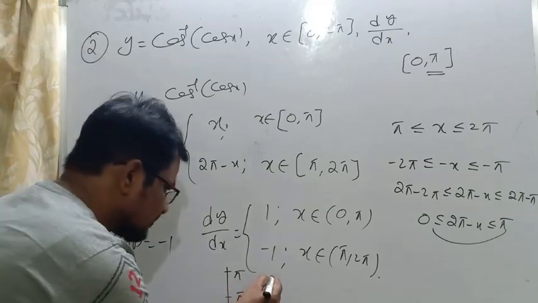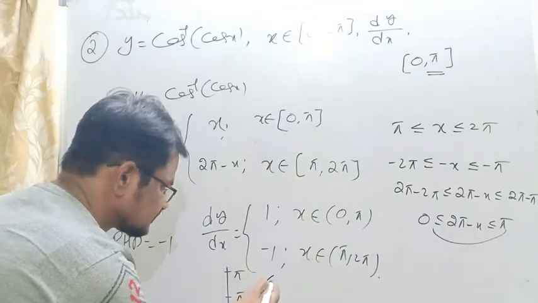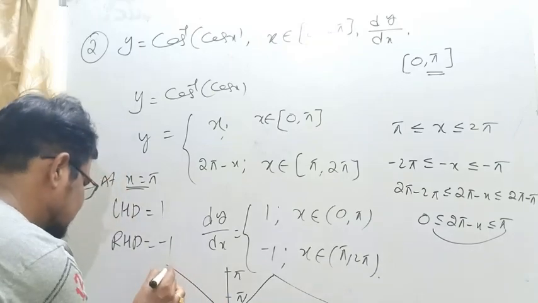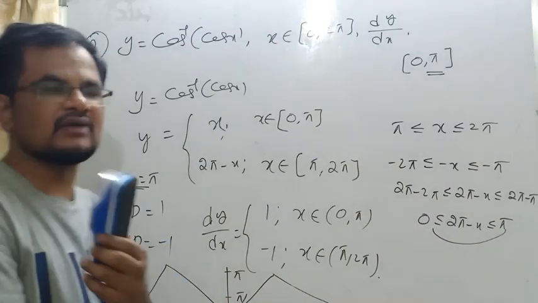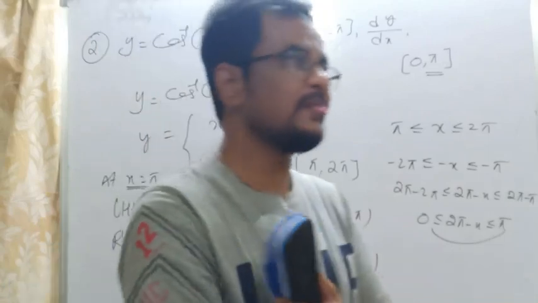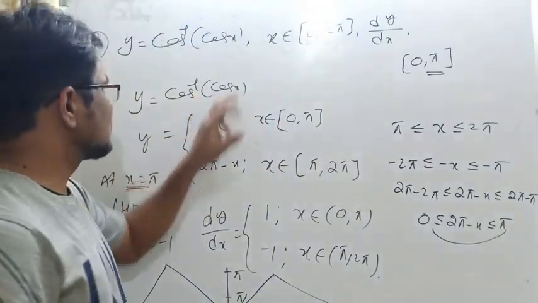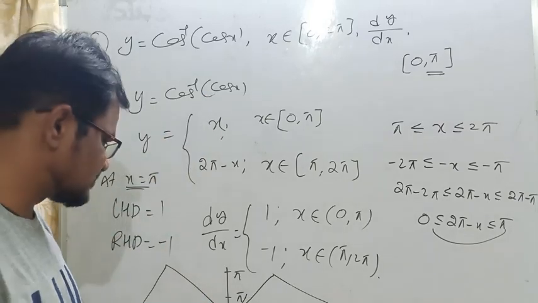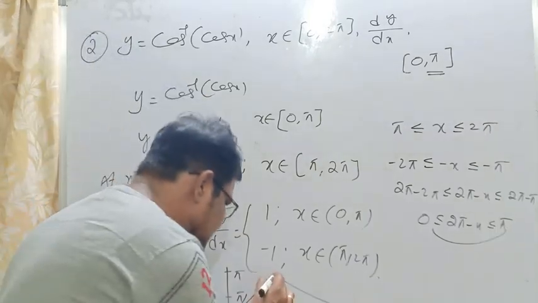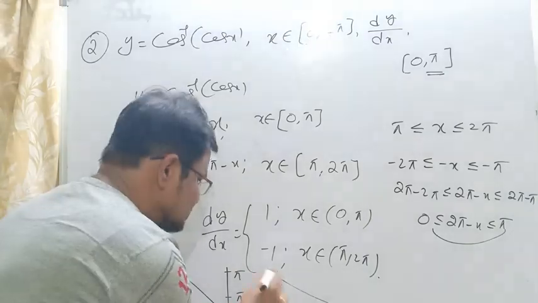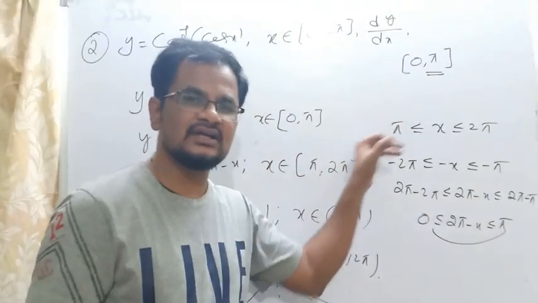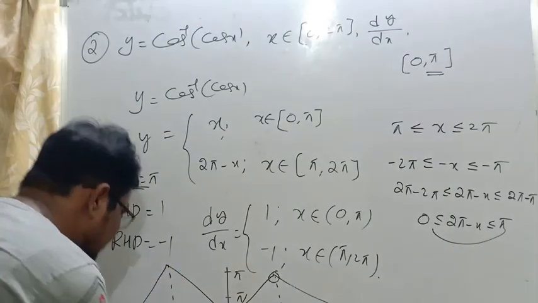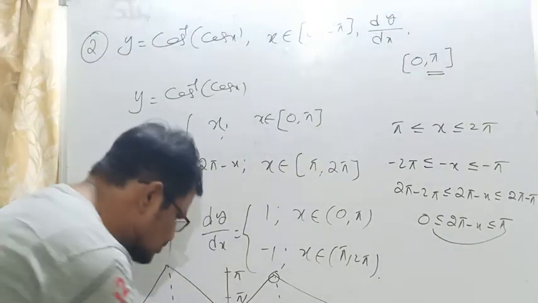So graph of, already we learned how to draw the graph of cos inverse x. Now this is cos inverse of cos x. Cos inverse of cos x graph is this one. Means at pi a sharp edge is there, at pi it is not differentiable. And here also at minus pi, a sharp edge is there.